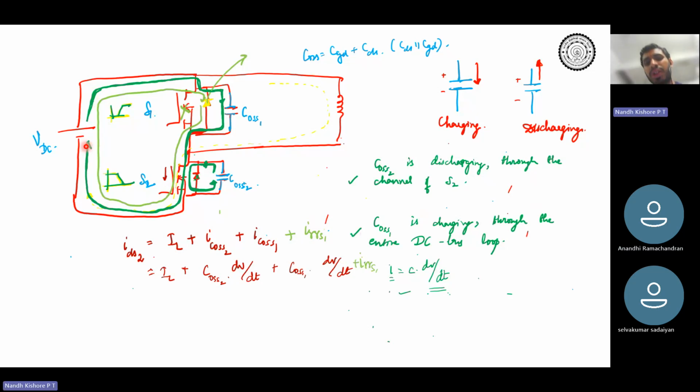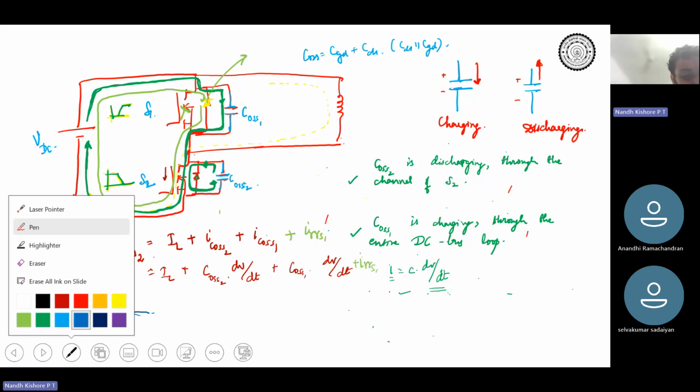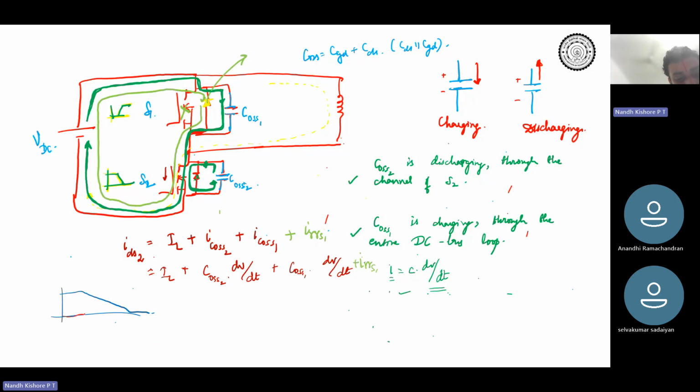Okay. So COSS2 is discharging through the channel, and COSS1 is charging through the entire DC bus. As COSS2 discharges, COSS1 has to charge. If COSS2 is falling like this, then COSS1 has to increase like this, so that the total voltage is VDC.